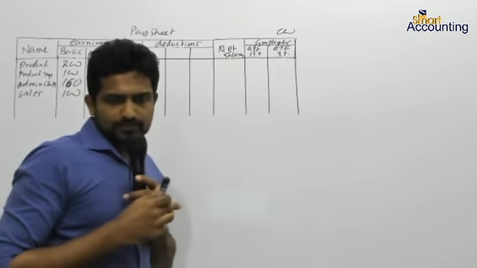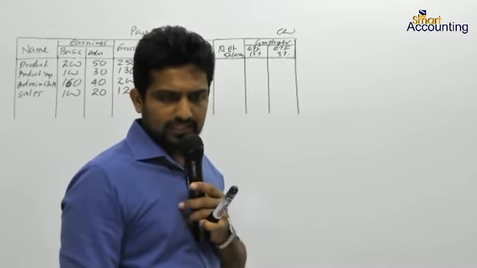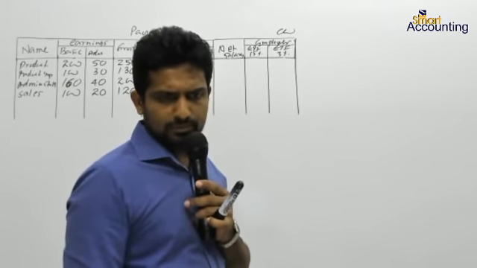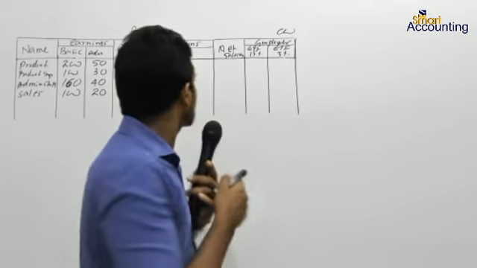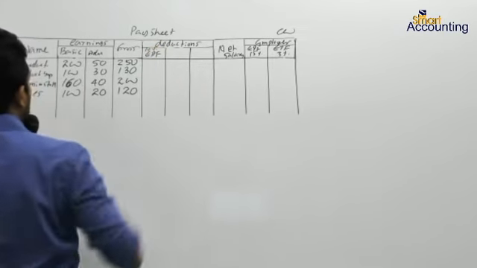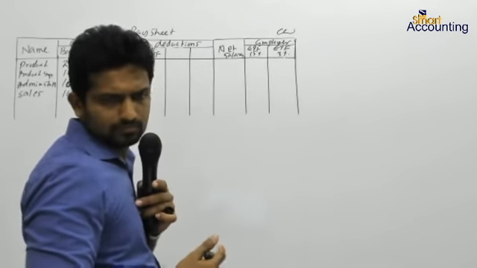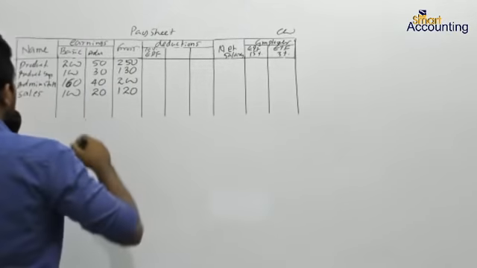The deductions. All employees are entitled for EPF and ETF contributions, 10 and 15. Okay, the EPF 10%. It's based on the basic salary.